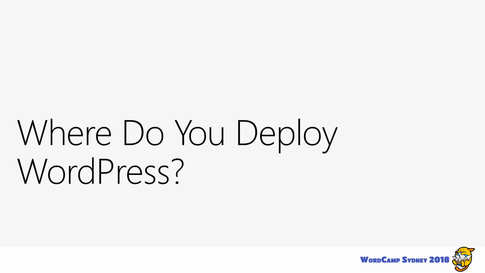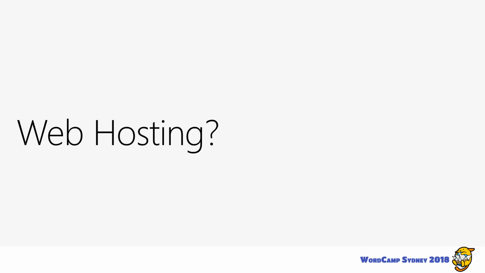Before starting, I'd like to ask a few questions. Where do you deploy your WordPress website, for your personal purpose or work purpose? Anyone using a web hosting company like GoDaddy or HostGator or Bluehost? Okay.